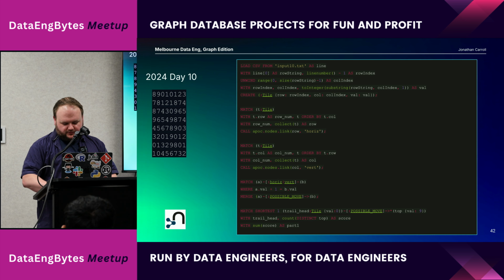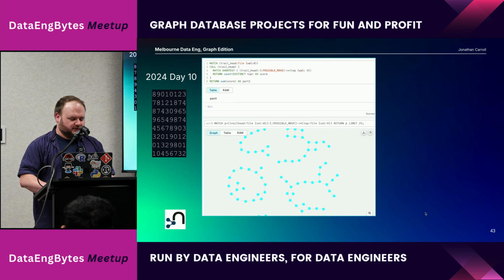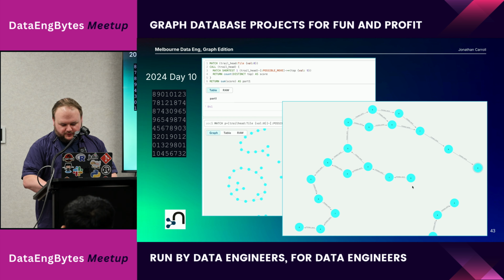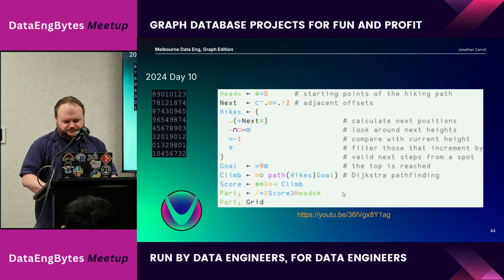And then it's just a matter of finding all paths that are from 0 through any number of possible moves to 9. And the cool thing is you can then plot that. So these are some of the solutions that are the paths, and you can see there are multiple ways to get through there. So if we start at a 0, you can find all the way through to a 9. So I thought it was really cool that you can actually use a graph algorithm to solve a data manipulation problem.